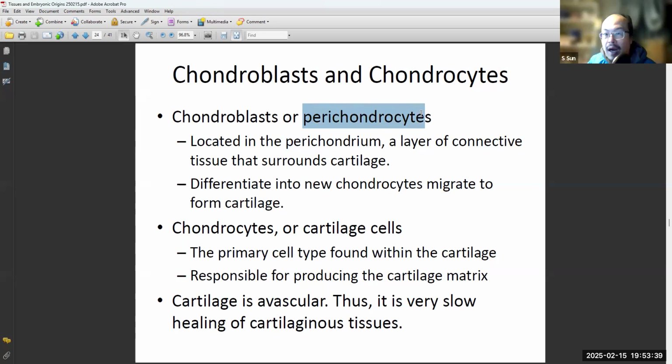So perichondrocytes are chondroblasts. These are the stem cells that can reproduce, can provide the lost chondrocytes. And so these chondroblasts are located in the perichondrium. And when the chondrocytes are inside of the cartilage, they are also cartilage cells.